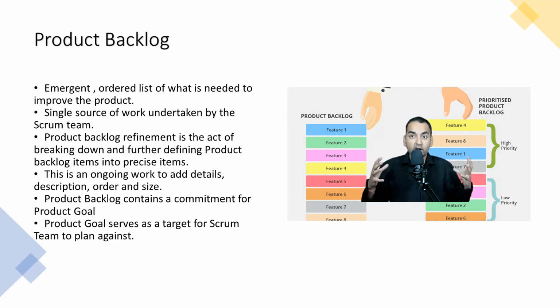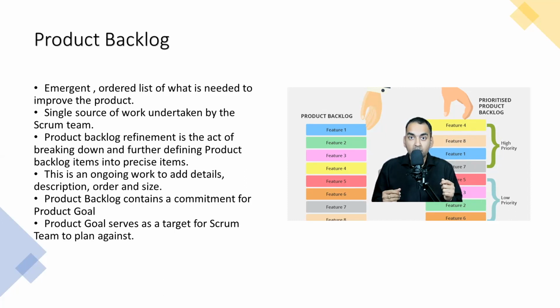Now, in a big organization or in your organization, it might be possible that the requirements are flowing to the Scrum team from various departments, divisions, and management or people.